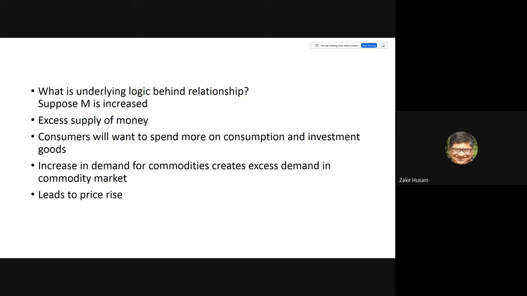So if money is increased, we hold money just to undertake transactions. So you have an excess supply, you're going to spend more, you have excess demand in the output market, price rises. What happens if money supply is reduced?